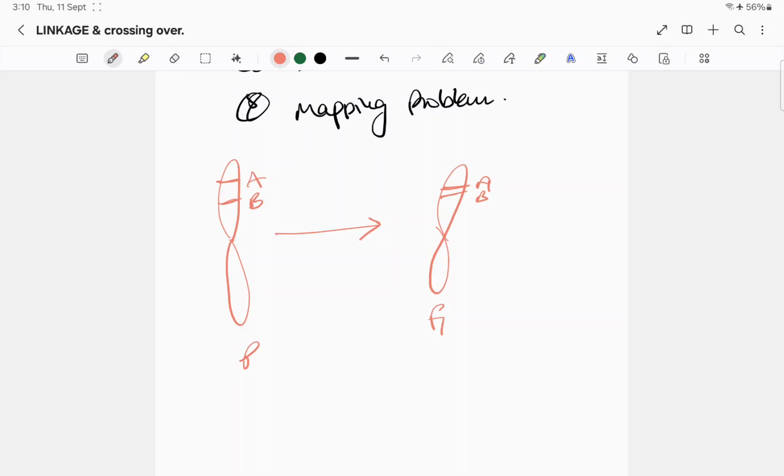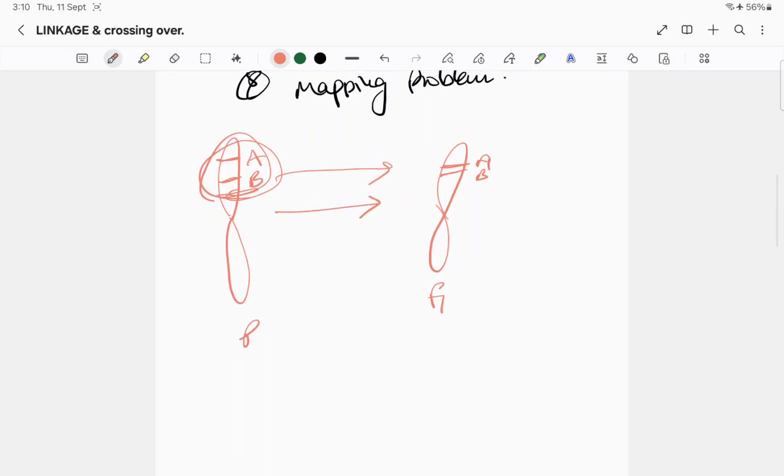If they want to go to the canteen, both friends will go together, or anywhere if they have any work. Linkage also works the same way. These two genes located on the same chromosome always seem to inherit together to the next generation.